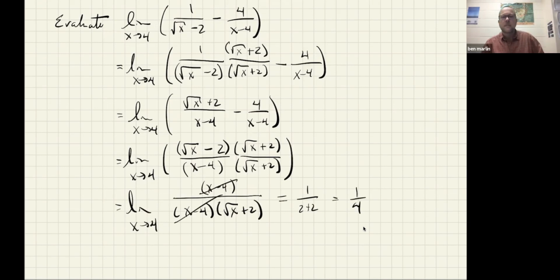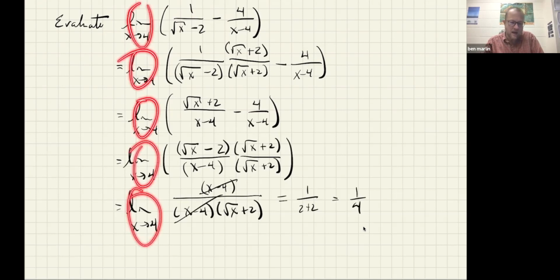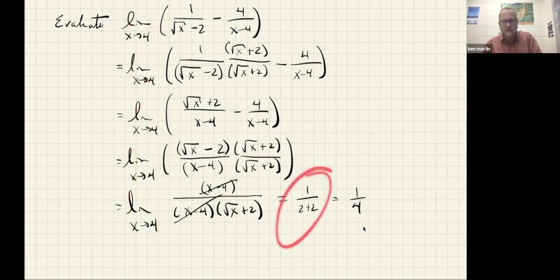Boom. Notice though, there's all kinds of details in what's going on here. A big detail is that I wrote lim every time until I got to right here. The reason I didn't write it in this step is that I was actually plugging in. Now x is no longer going to 4, it's already got there, okay?